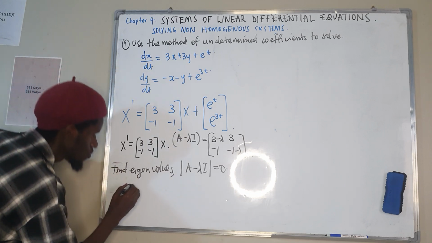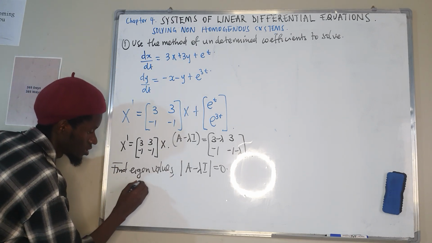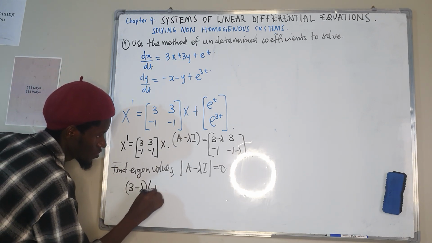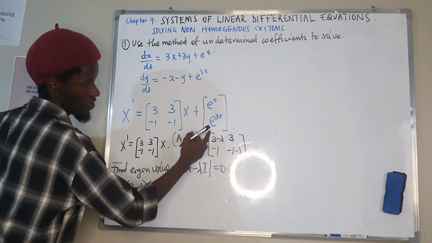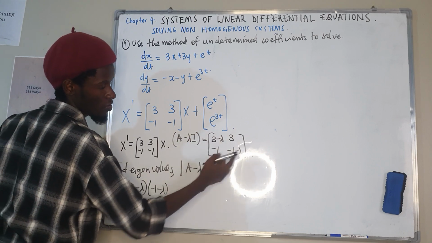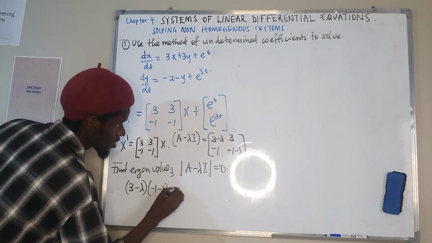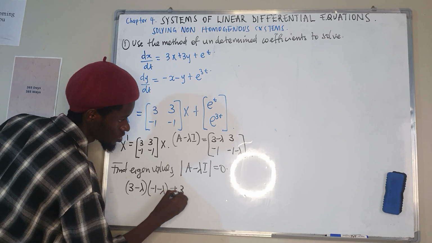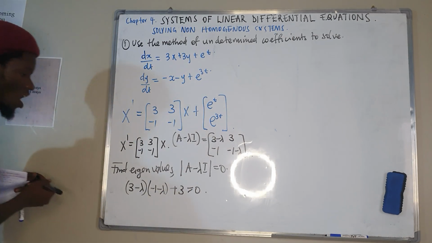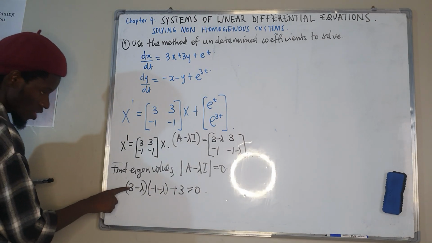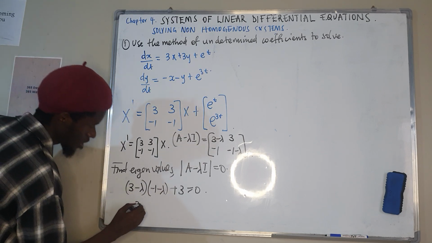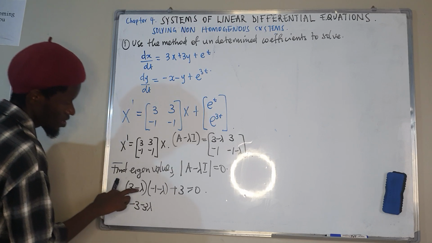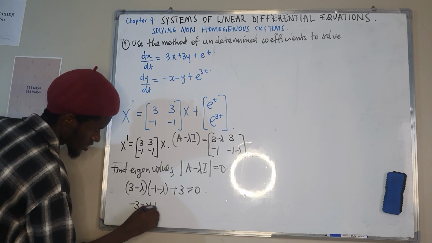Then I have 3 minus lambda times negative 1 minus lambda, minus, then plus 3 equals to 0. I multiply the major diagonal minus the minor diagonal. Then I will have 3 times negative 1, I have negative 3. Now 3 times negative lambda, I have negative 3 lambda. Then negative lambda times 1, I have plus lambda.